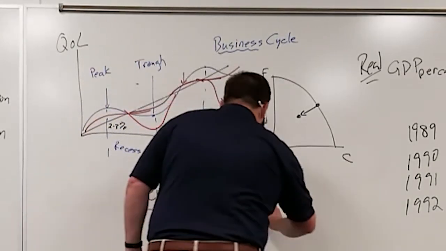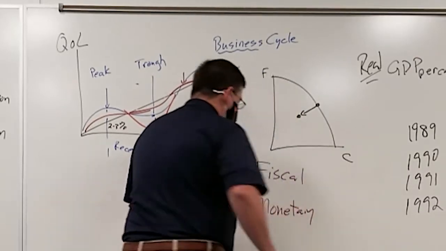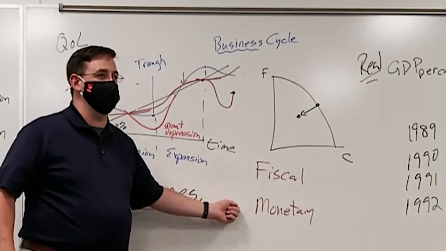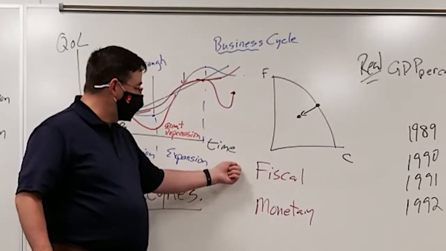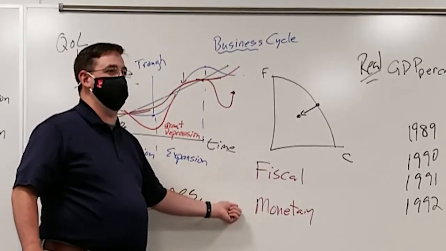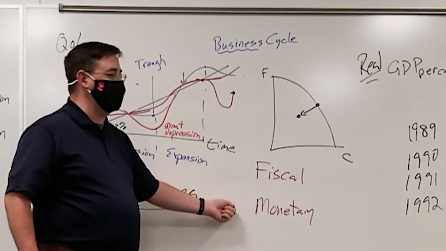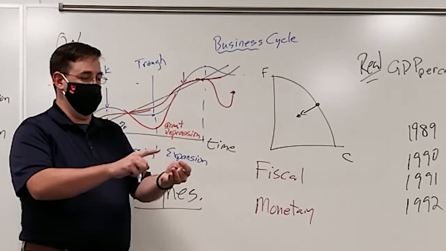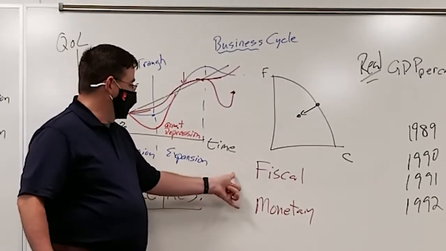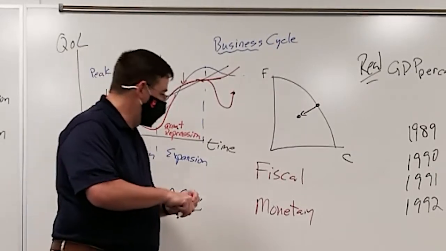Another approach is to use monetary policy, and monetary policy is done by the Federal Reserve, the central bank of the United States. We're going to look at both different strategies that the government employs to try to reduce economic swings and to try to maintain low unemployment and low inflation. And these are the two strategies that they employ. All right.